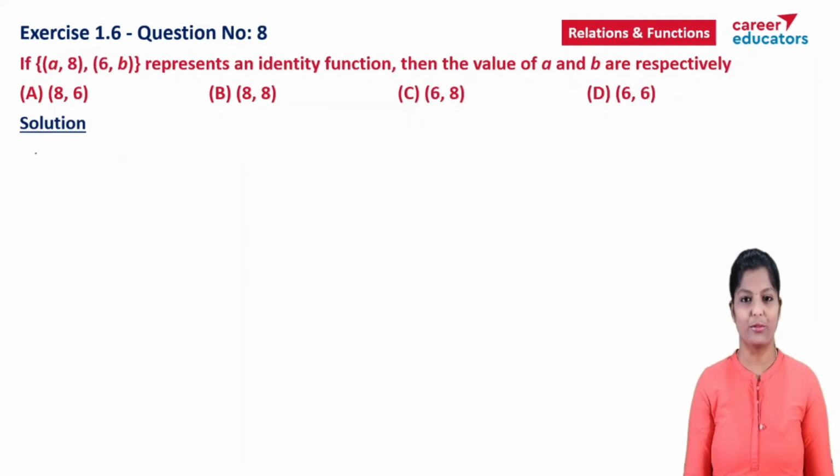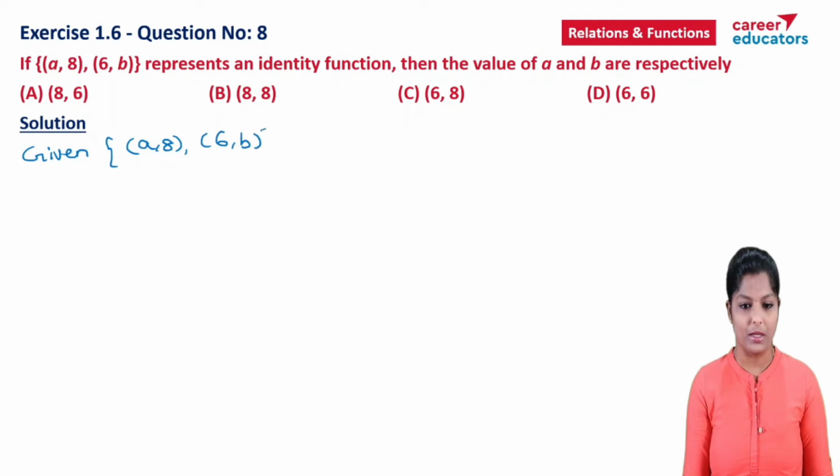Next, we are going to solve question number 8. Here, the function represents an identity function. We have to find the values of a and b. Let's solve the problem. Given a comma 8, 6 comma b represent an identity function. In an identity function, f of x is equal to x.